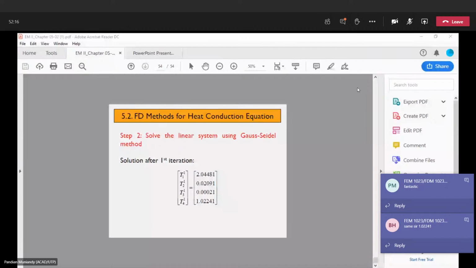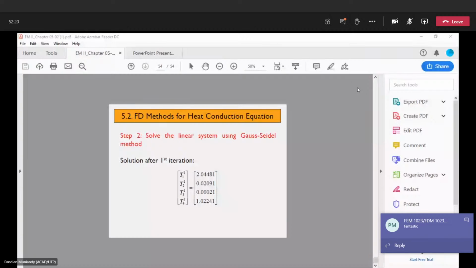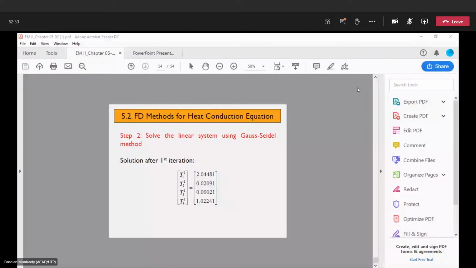Okay. So now you already have T1, T2, T3, T4. So the answer is the same. All right, so all these answers you already got. This is the first iteration, class.